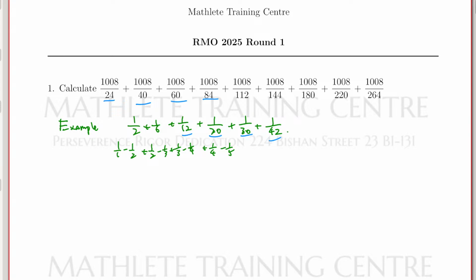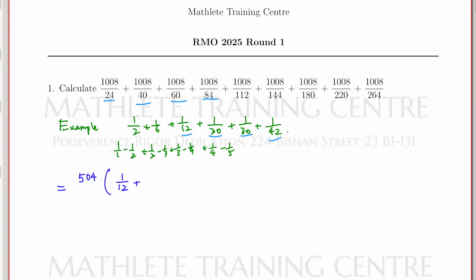So if you manage to notice such a pattern, then I can first start by dividing by 2. So I can write down 504. I take out 504 from every single one of these numbers. Then the first one will be 2 over 24, which is 1 over 12.